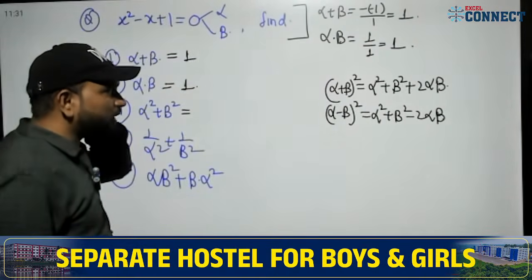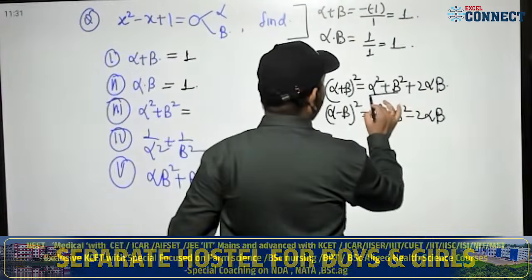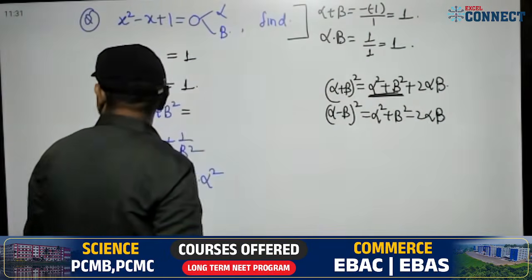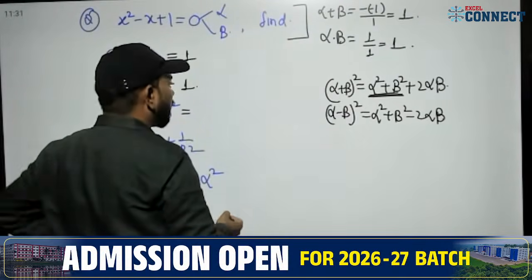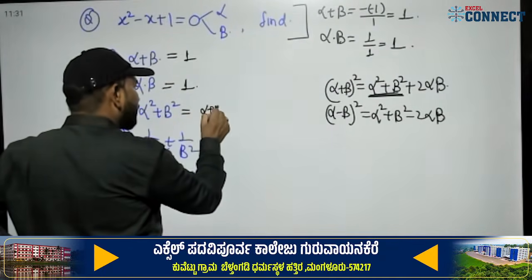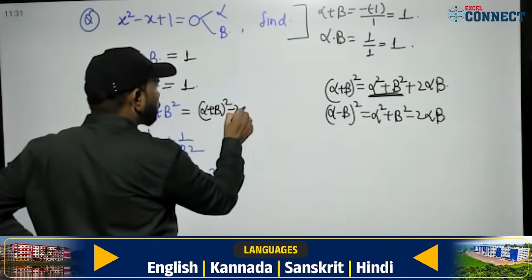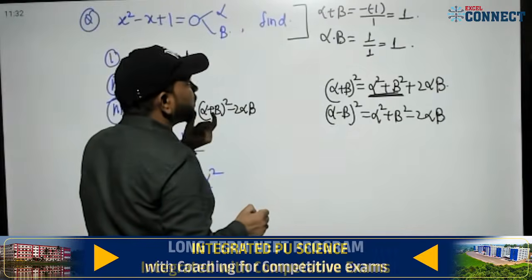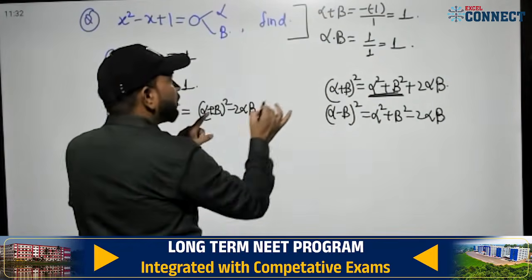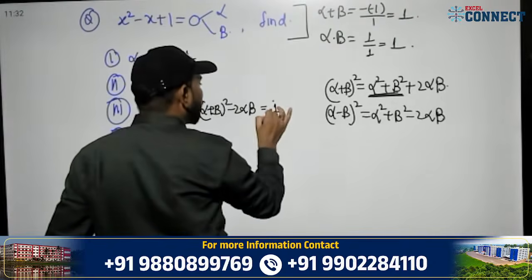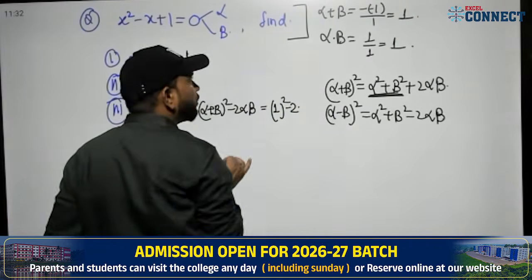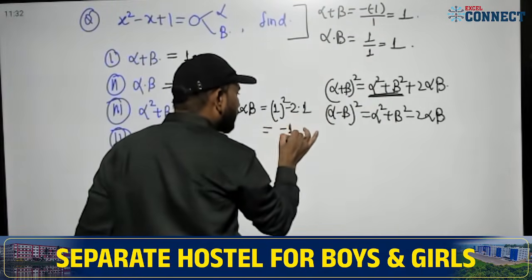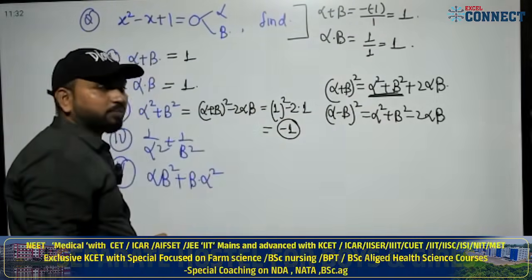So if I need alpha square plus beta square, I can use this one. I can say alpha square plus beta square is alpha plus beta whole square minus 2 alpha beta. Alpha plus beta value I already found, 1. So 1 square minus 2 into alpha beta, which is 1. So 1 minus 2 is minus 1.